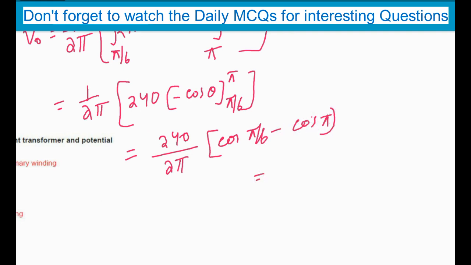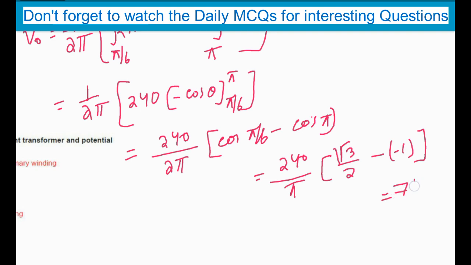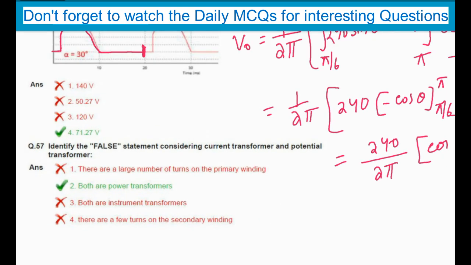So this will be the same: 240 by 2 pi, cos 30 is root 3 by 2, minus of minus 1. So this will be 71.27 volt. So this is the answer.